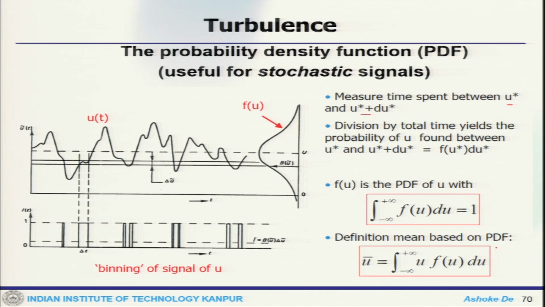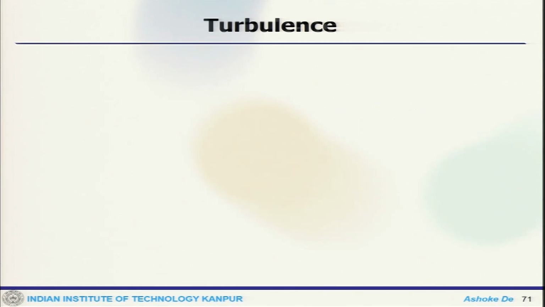Now, when you look at the definition based on the PDF, we can get the mean velocity profile, which is the integral of u f(u) du. Now, we can look at some of these statistical quantities.